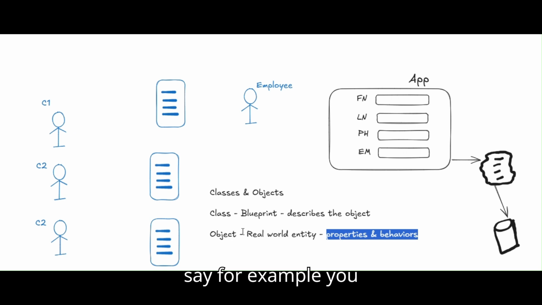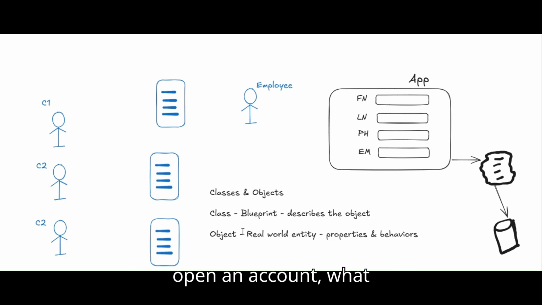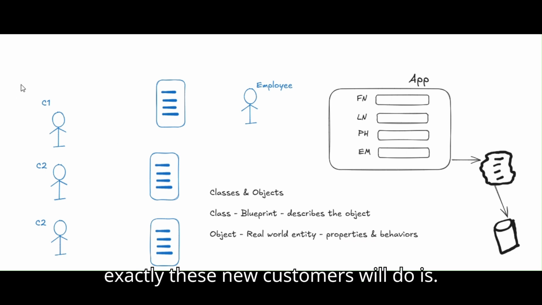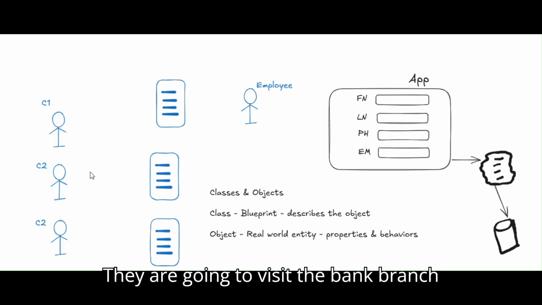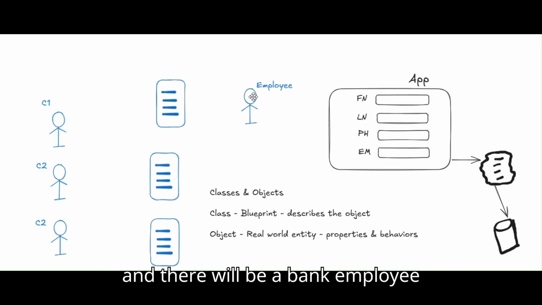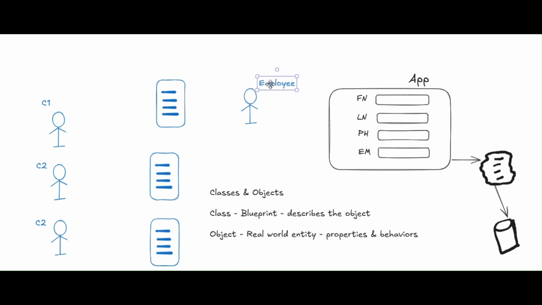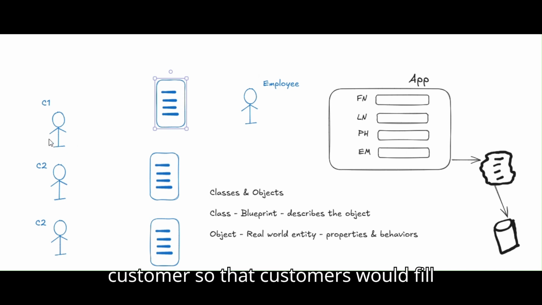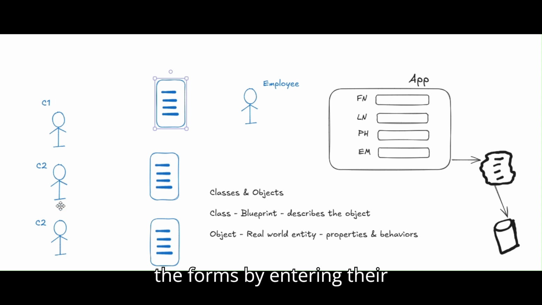Say, for example, you use some application, let's say a banking application. Whenever a new customer wants to open an account, what exactly these new customers will do is they are going to visit the bank branch and there will be a bank employee who is going to hand over the forms to each and every customer so that customers would fill the forms by entering their details.